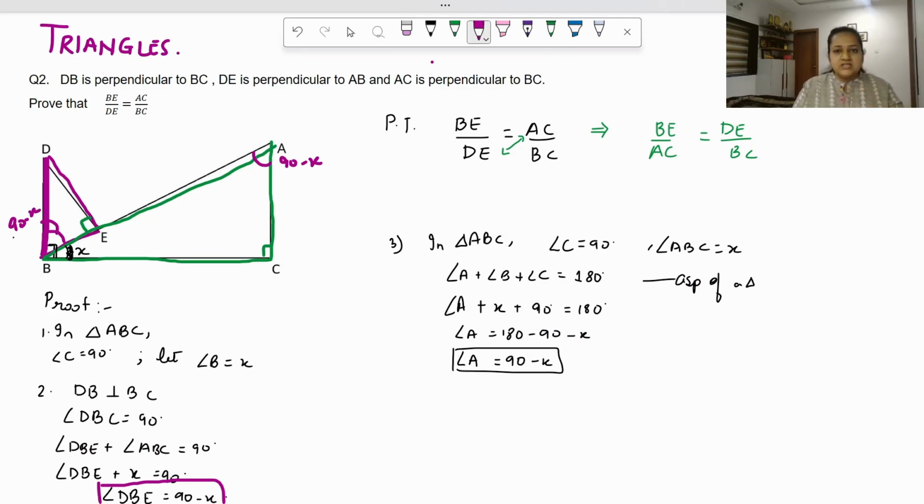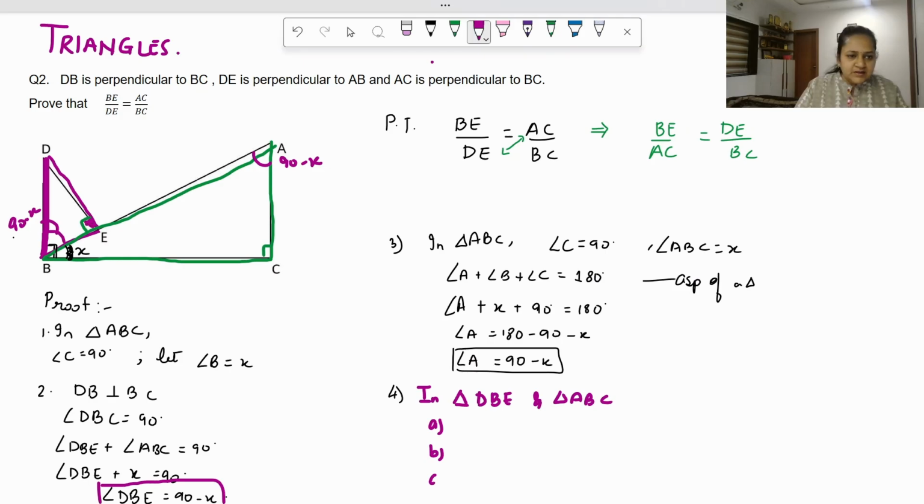So that means we've got a second angle of the triangles to be equal. Now we can compare. Which two triangles are we comparing? We are comparing triangle DBE and triangle ABC. The first part is the 90-degree angle, right?